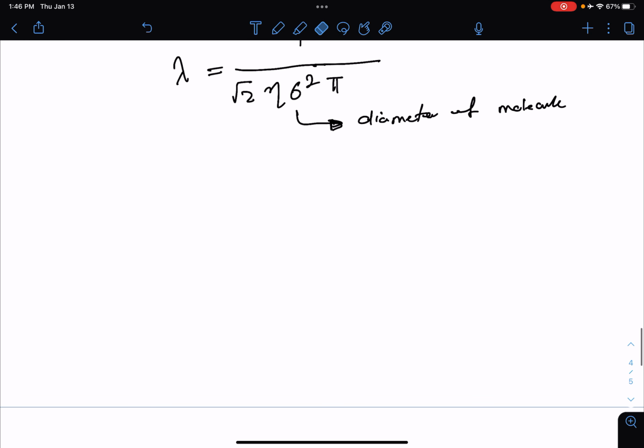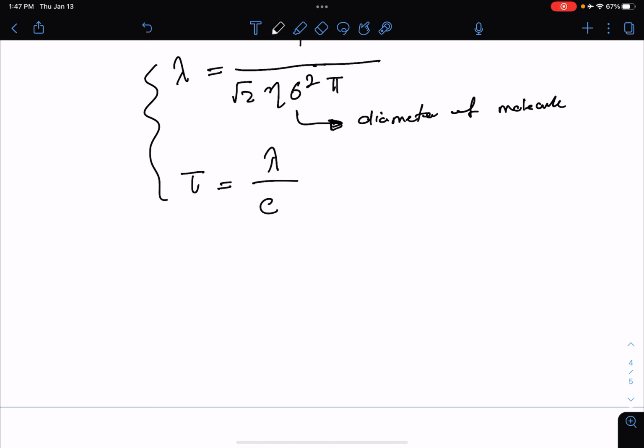When we have the mean free path, we can also find the time it takes to get from one molecule to another molecule. How can we find this? We have the distance between the two collisions. How can we find the time it takes from one collision to the next? Find the average speed. That's it, right? Pretty plain and simple.